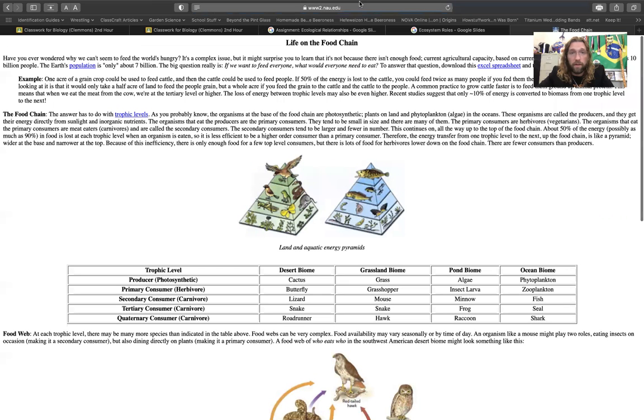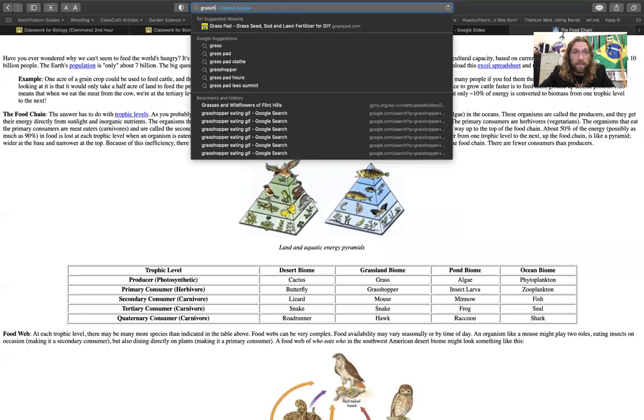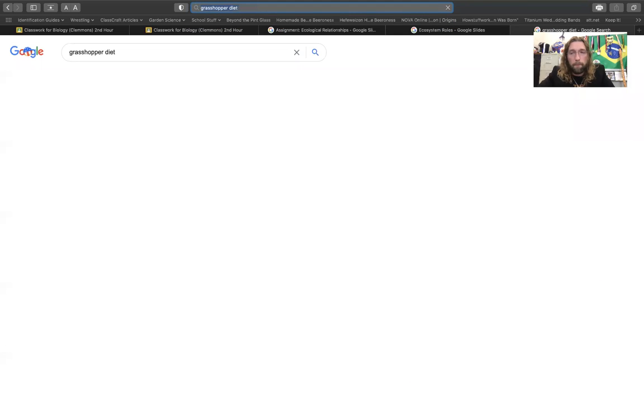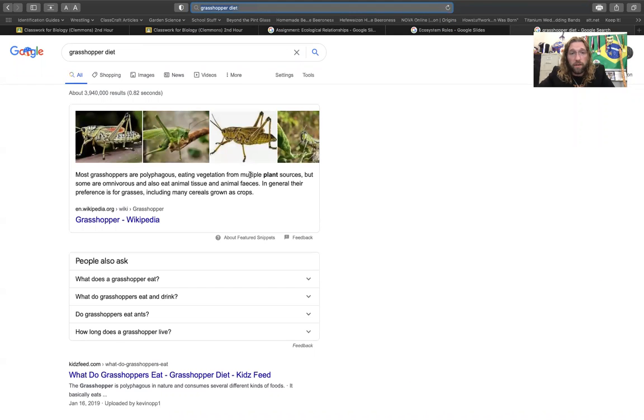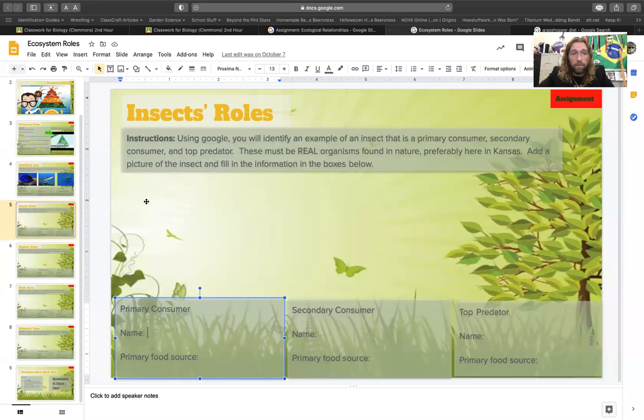So if I go up here and I type in grasshopper diet, it will tell me what it eats. And look, it only eats plant sources. However, occasionally it might be omnivorous. But for the most part, it's mainly just a primary consumer. So you would put a picture of your grasshopper, tell me the grasshopper, and then tell me what it eats. Boom, very simple.